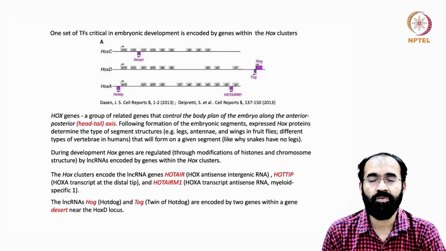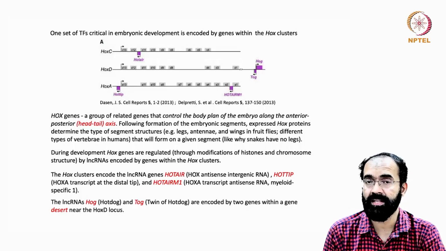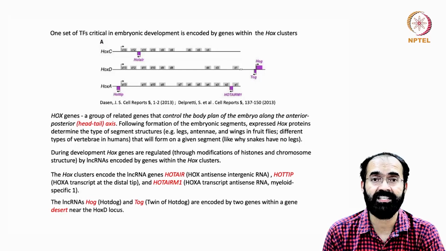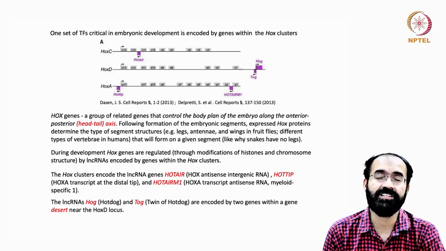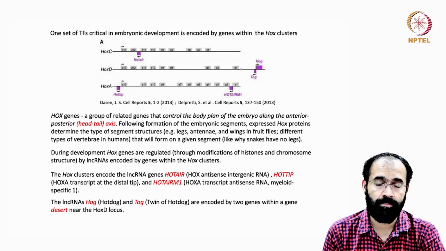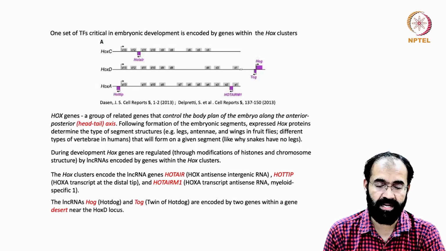So some of these non-coding RNAs are given names based on the location where they are present, and some are given names based on the disease condition in which they were discovered, and accordingly they were given a name to start with, and later on people found out that they are necessary for the normal development of this organism.